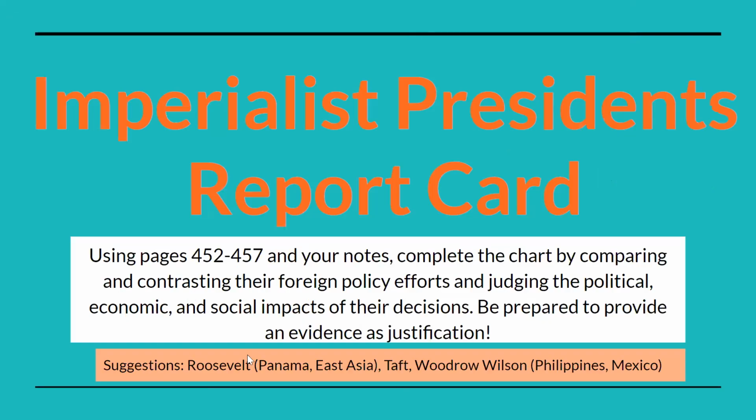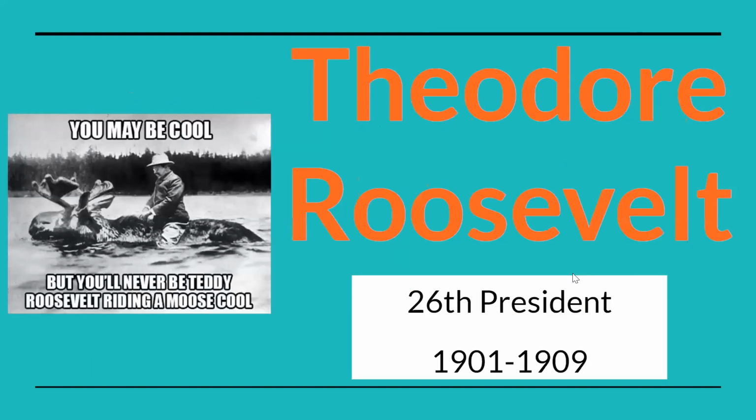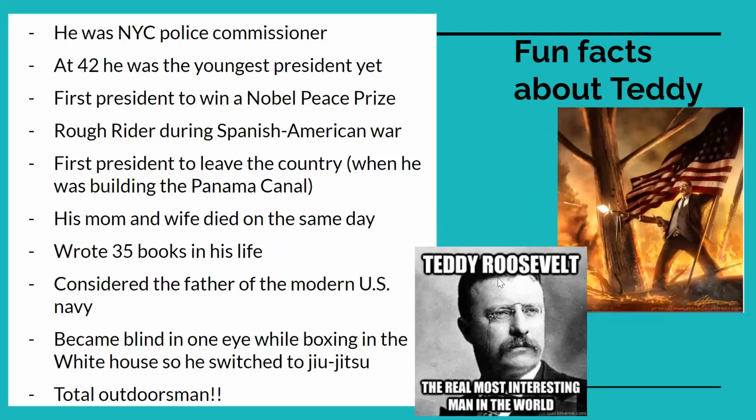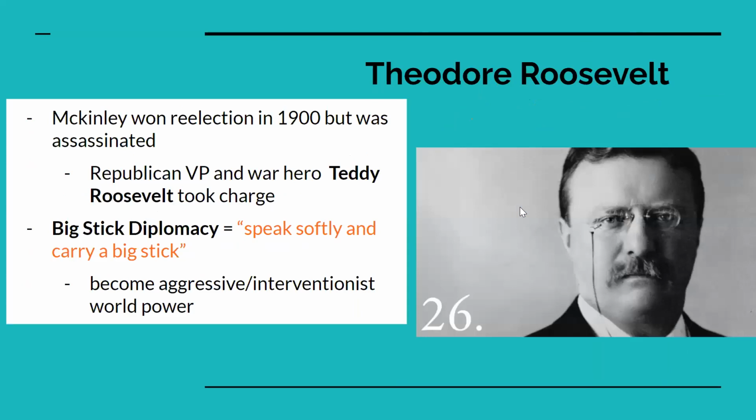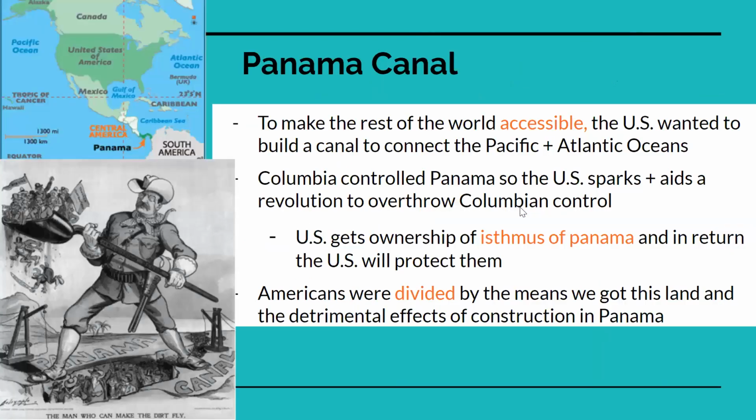And so I had you guys look at the instances where these presidents employed their foreign policy and judge it. And so we took a look at Roosevelt. And Roosevelt, his big example would be the Panama Canal. Economically, this is great for the United States because if you look at the Isthmus of Panama, it's the smallest point in Central America, where we could bypass the long route all around South America to get into the Atlantic Ocean.